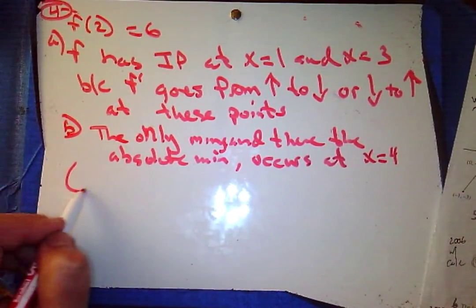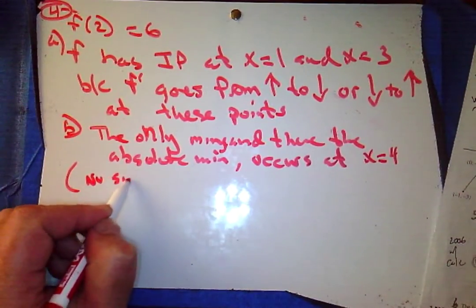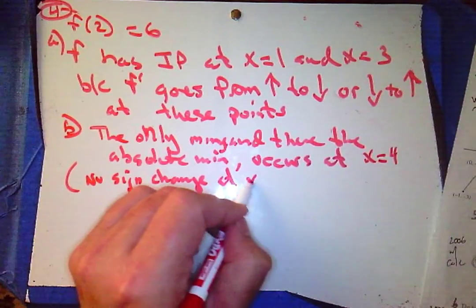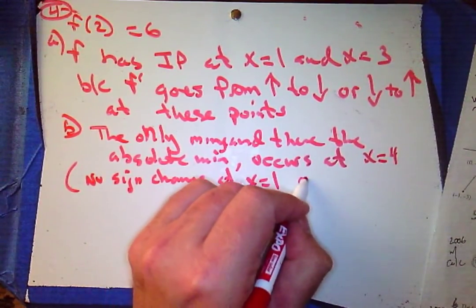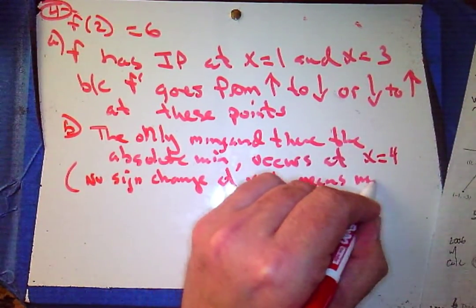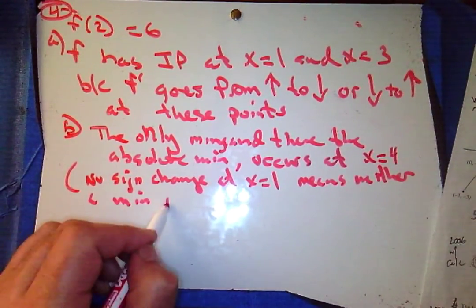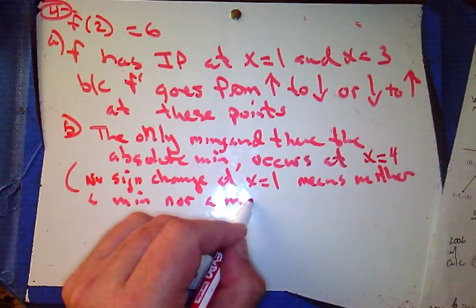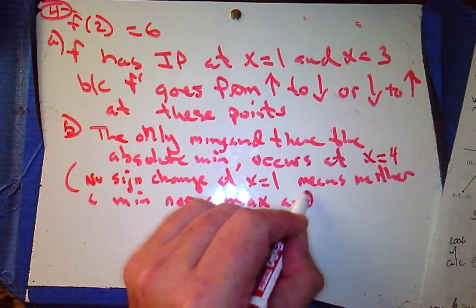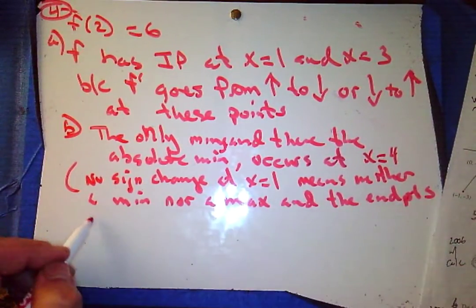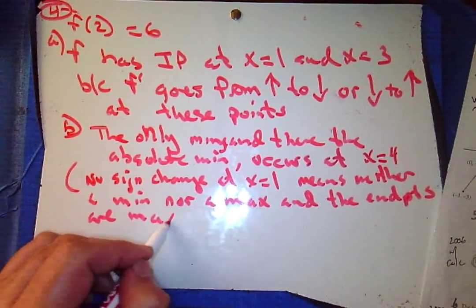I might add parenthetically, no sign change at x equals 1 means neither a min nor a max, and the endpoints are maxes.